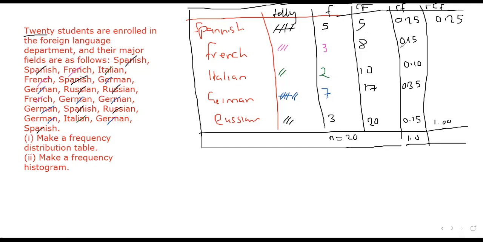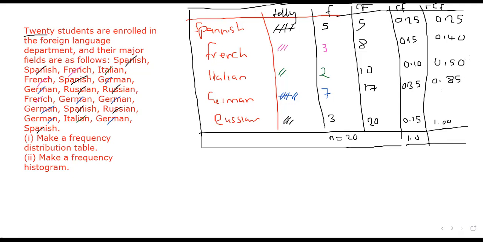Then 0.25 plus 0.15, what do we get? 0.4. 0.4 plus 0.1, 0.50. 0.50 plus 0.35, 0.85. 0.85 plus 0.15, 1.00. So this is what we call a relative cumulative frequency. Are we following together?